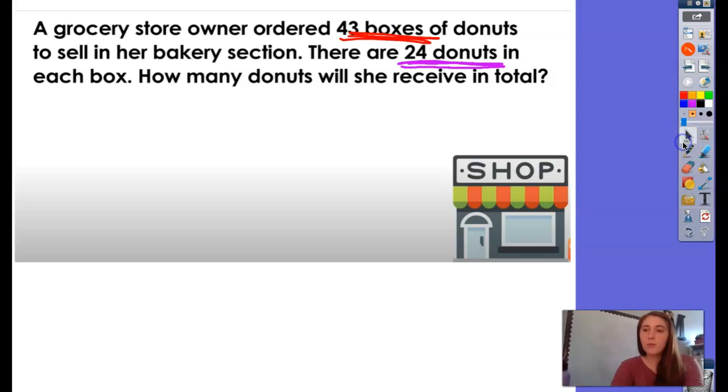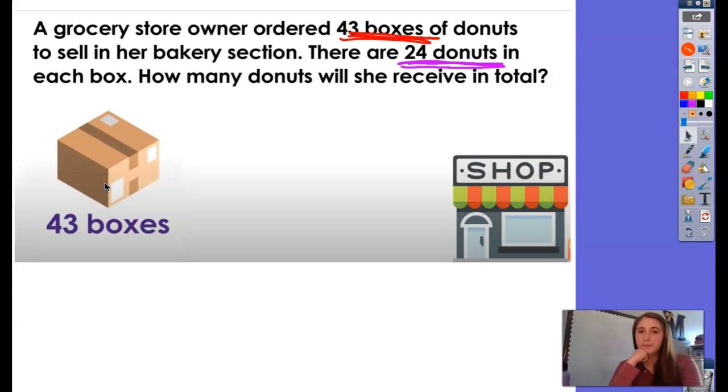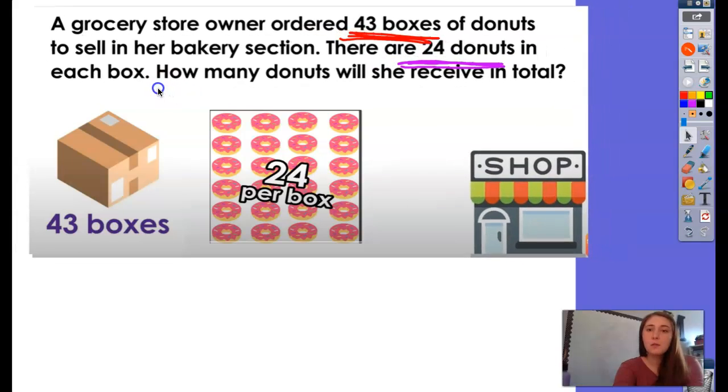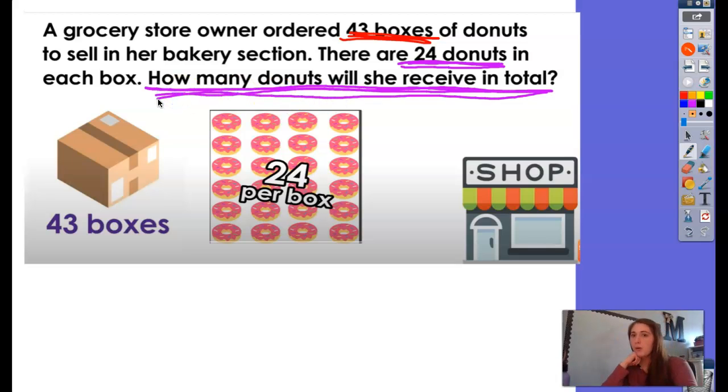So if I look, we have 43 boxes of donuts and 24 donuts per box. And the question it's asking us to solve is how many donuts will she receive in total?